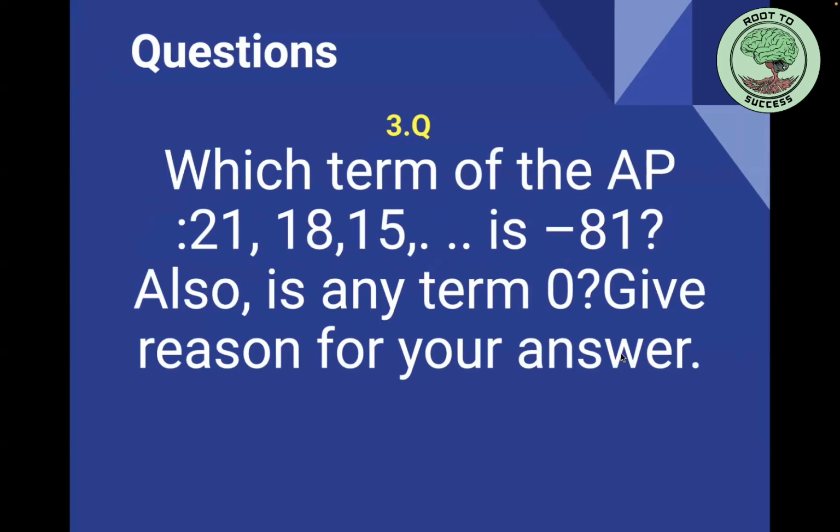Now let's move to question number 3. Which term of the arithmetic progression 21, 18, 15 is minus 81? Also, is any term 0? Give reason for your answer. So now let's see which term in the arithmetic progression is minus 81 and if there is any term that is zero.